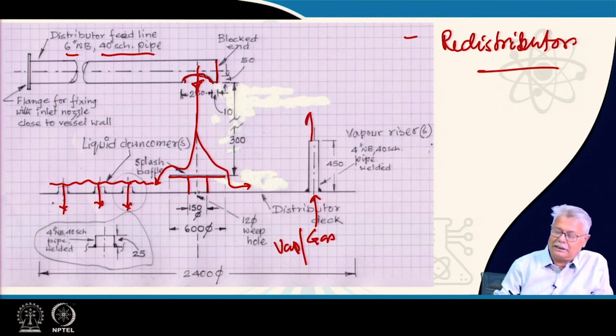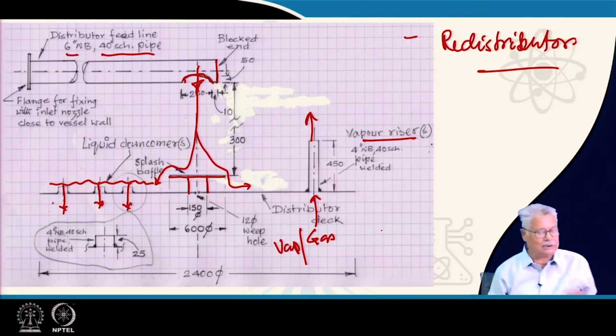So, this will be the exit, or basically the vaporizer, which will allow you to do this. If you look at the dimensions which are provided on this, these are typical suggested dimensions which are used in industry, and if you have to design one, you can make your own decisions accordingly.